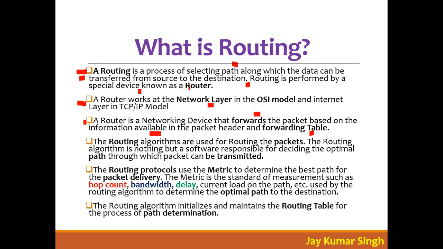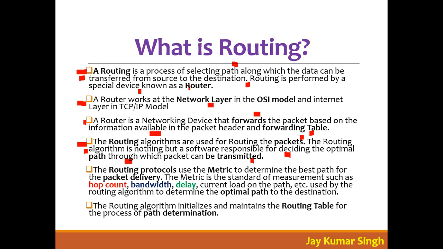Now, routing algorithms are used for routing the packets. So for routing the packets, the router uses a routing algorithm. Depending on which type of protocol you have enabled, according to that protocol's algorithm, it will forward your packet. The routing algorithm is nothing but the software responsible for deciding the optimal path through which a packet can be transmitted and how.